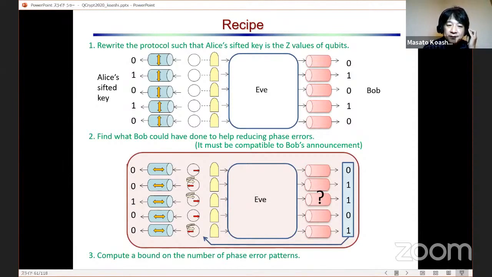So you can always define qubits corresponding to the shifted key. The remaining thing is to analyze the phase error occurring in those qubits. That analysis may be quite complicated if you consider the ping pong type of communication. Conceptually, I think this can be applied, but practically, I don't know if you can obtain a good key rate or not.